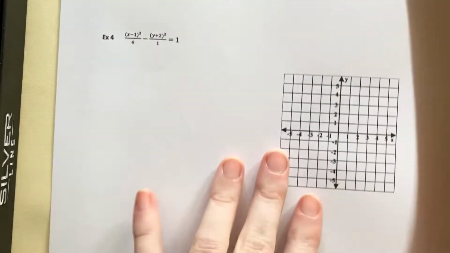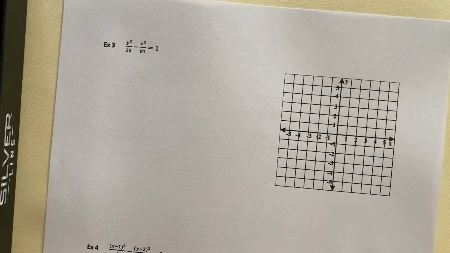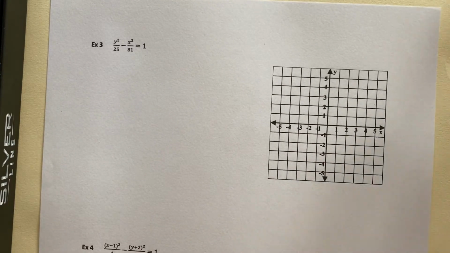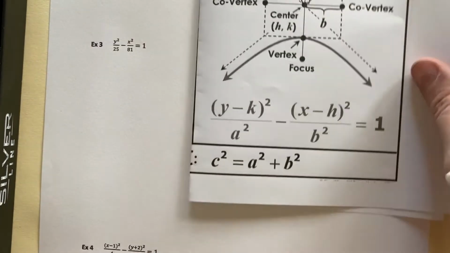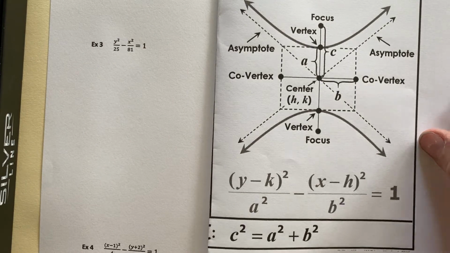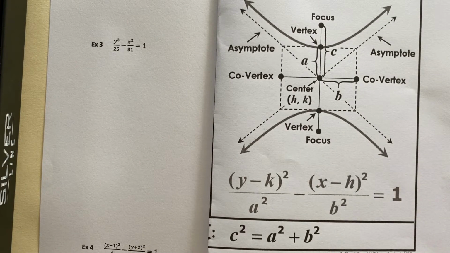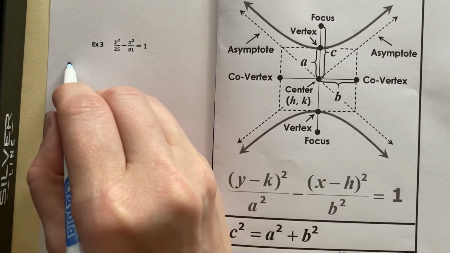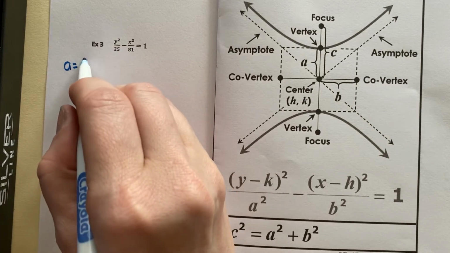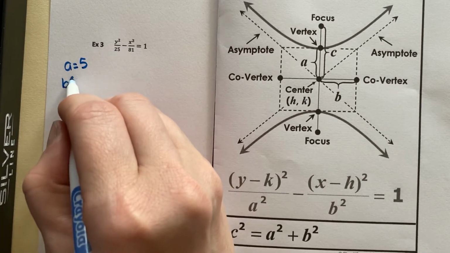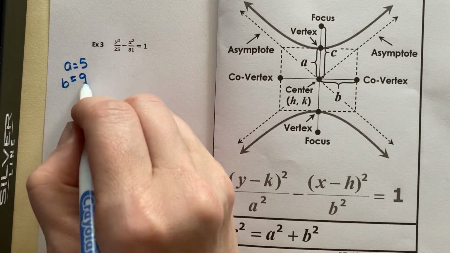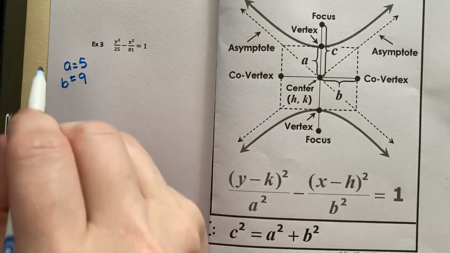Okay, so let's go to our next one, number 3. So number 3, the y is first. So that's going to be a vertical hyperbola. So a is first. A squared is 25. That means a would be 5. B squared is 81. So b would be 9. I'm going to use my formula first to find c.